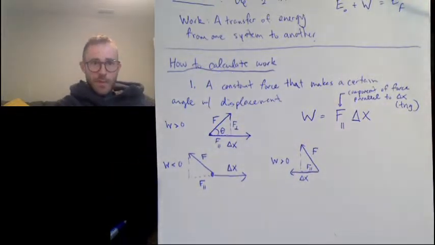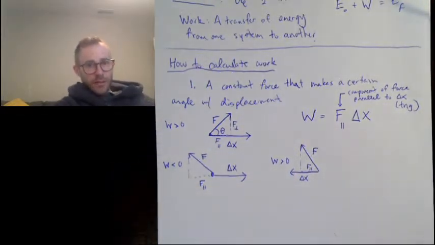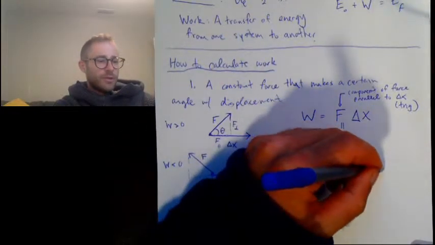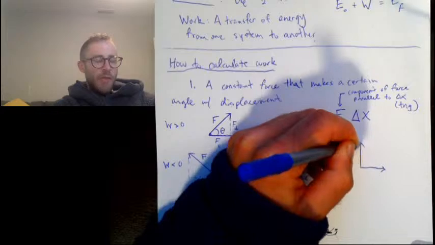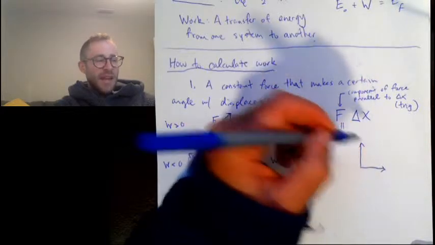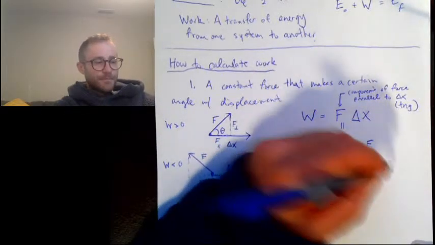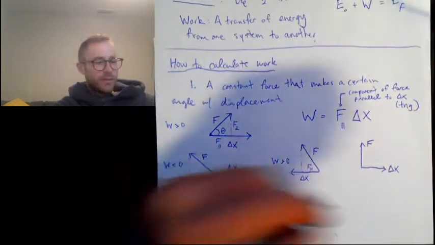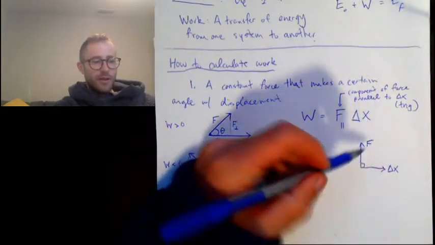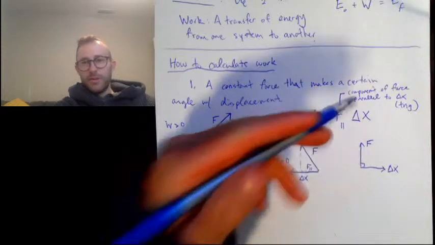Okay. And lastly, we could have a situation where the displacement and the force are perpendicular to each other. So if you have a force that's perpendicular to the displacement, then there is no parallel component.